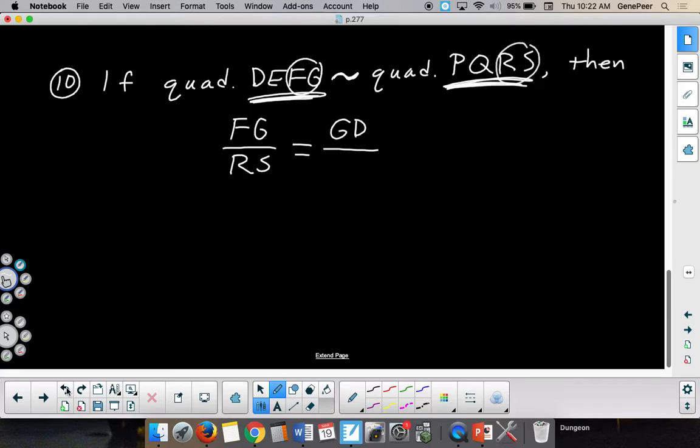How do we get GD? GD would be this guy over that guy, must be equal to S over P. So GD over SP. We're simply matching up the corresponding parts.